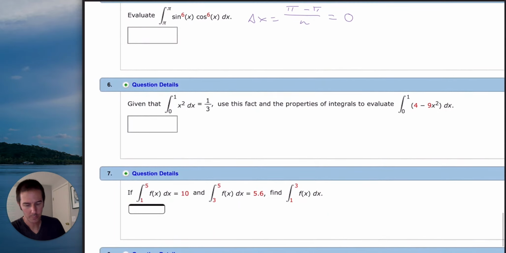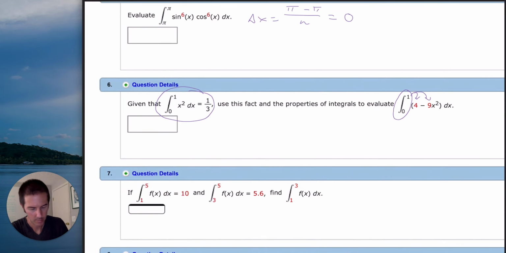In number 6, we're being given a particular piece of information, and that's going to allow us to use some of the properties of integration in order to solve this statement over here to the right. The first thing I'd like to do is basically take this integral and distribute it, so to speak, to the 2 terms that make up the integrand.